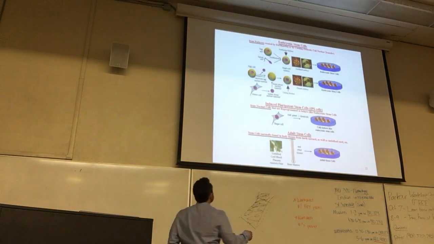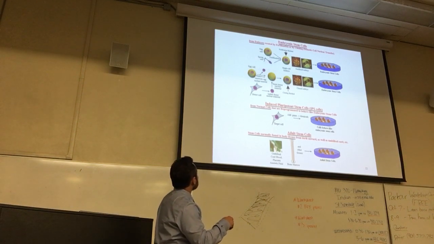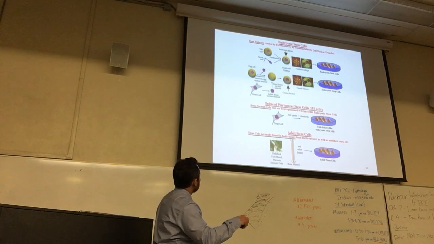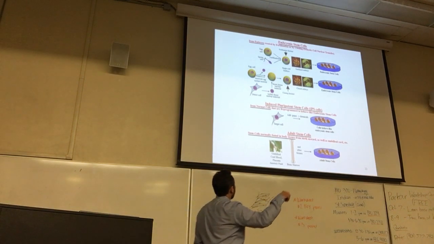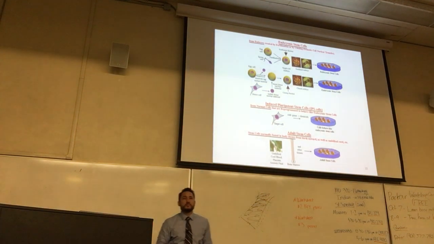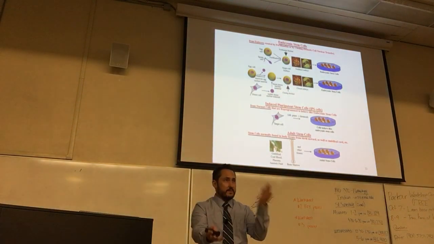Another way to look at this is embryonic stem cells up top and induced pluripotent stem cells, which we talked about in the very beginning of the class. These are actually sort of a fourth category that wasn't shown on that chart. So nuclear transfer and iPS cells are two different types.